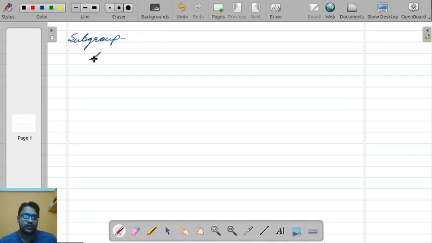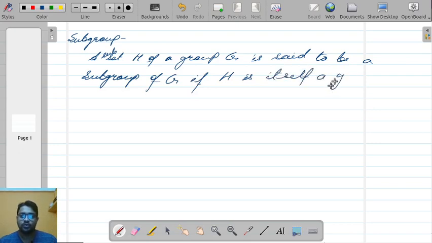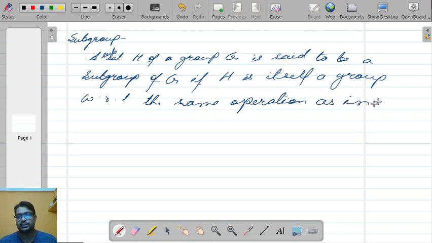Subgroup of a group: a subset H of a group G is said to be a subgroup of G if H is itself a group with respect to the same operation as in G. Then we say that H is a subgroup of G, right.